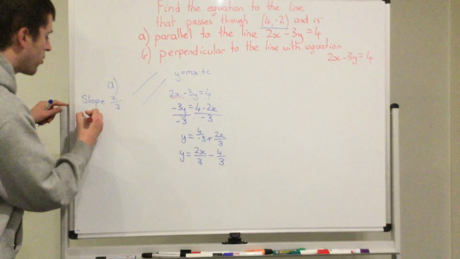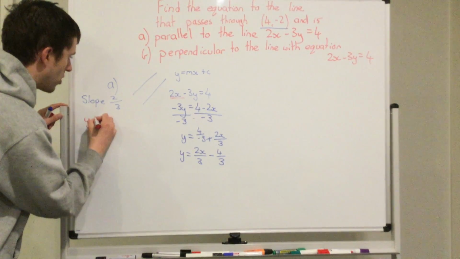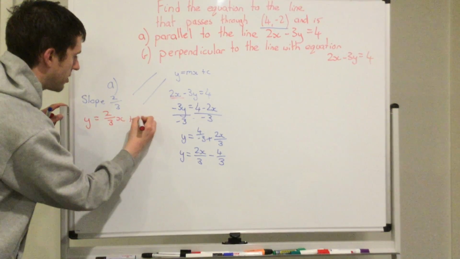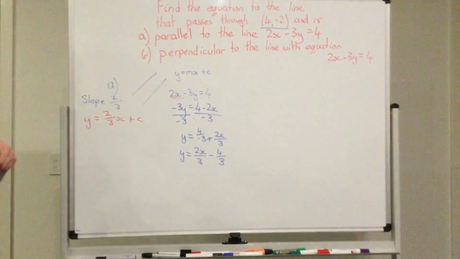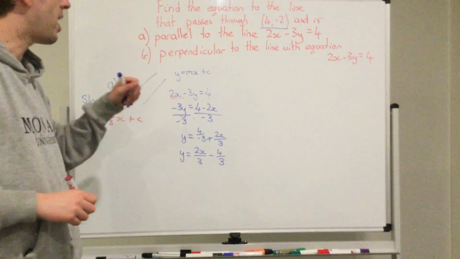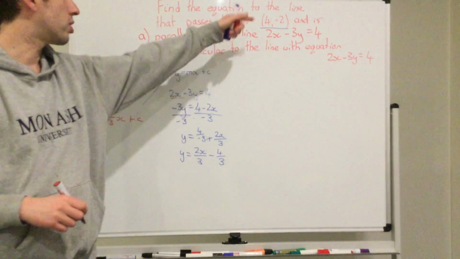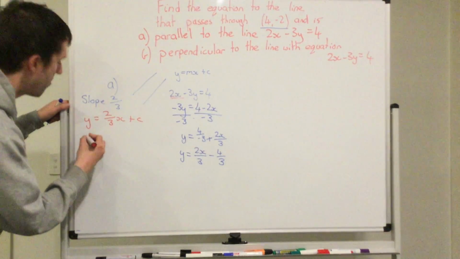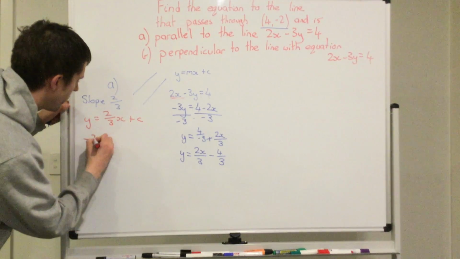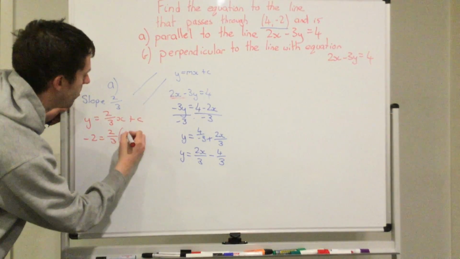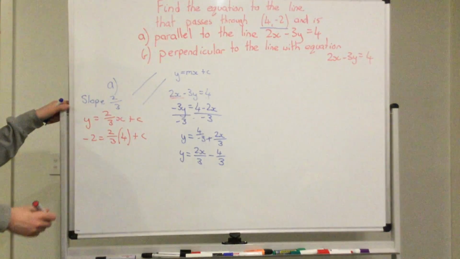The next thing that I'm going to be thinking about is my equation. So I'm going to rewrite it: y equals my slope, 2 over 3, x plus c. Now to find c, I am going to need to substitute x and substitute y in, which are those points there. So my y is negative 2 equals 2 over 3 times 4 plus c.